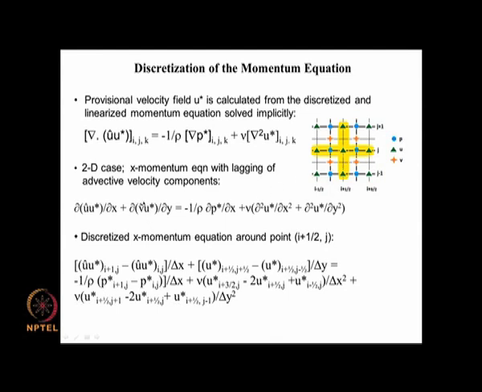So, the coefficient that is coming in this, which is missed out in this particular thing here, is evaluated by taking the average. Now, what about the u star at I plus half j plus half? This is again based on upwinding. So, if v is positive, then u at I plus half j plus half here will be equal to this.